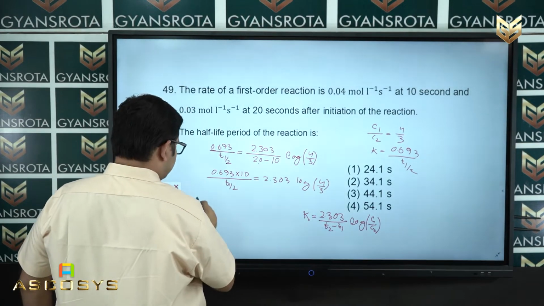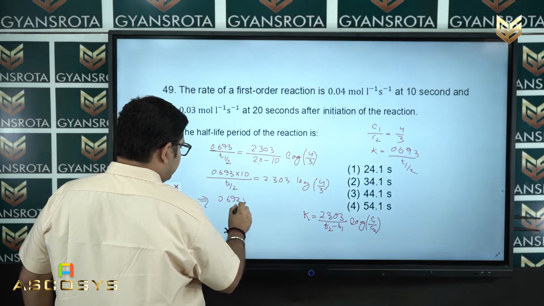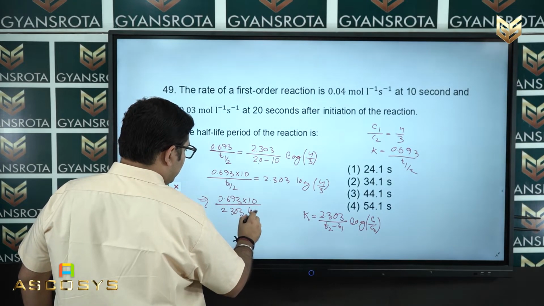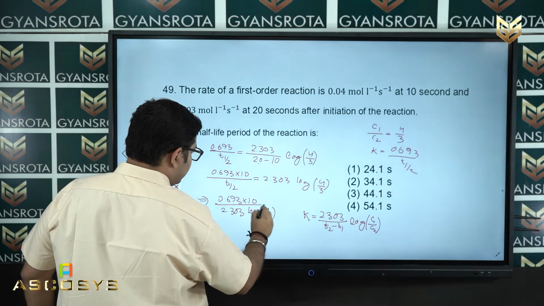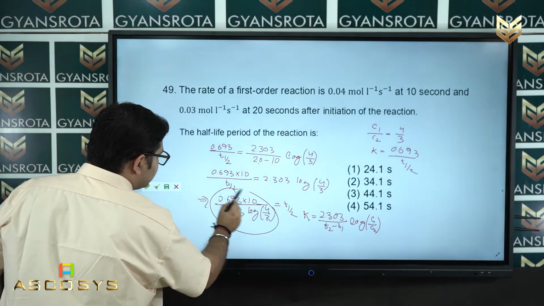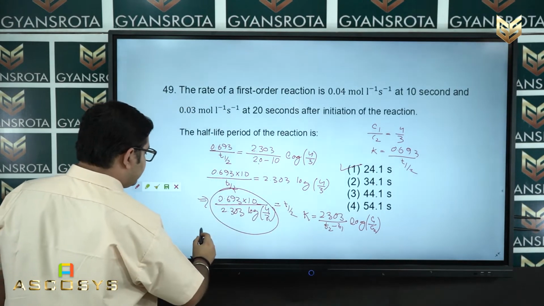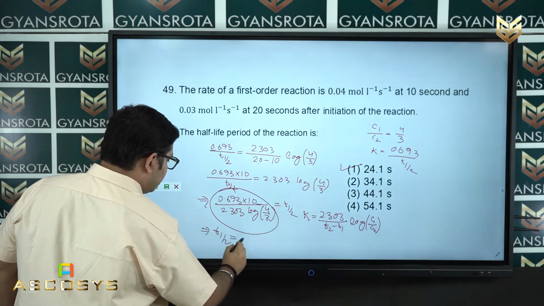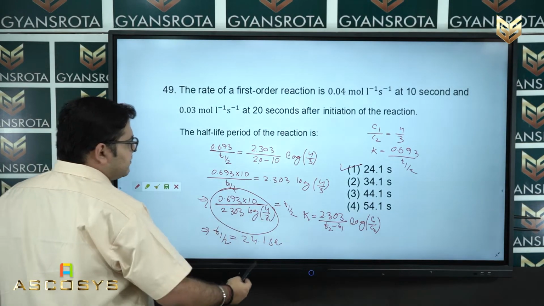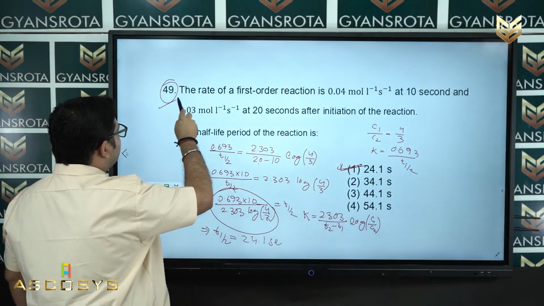Now, if you do the cross multiplication here, you will find 0.693 into 10 divided by 2.303 log of 4 by 3 is equal to your T half. If you solve this part, you will get your answer as option number 1, that is 24.1 second. So, T half is equal to 24.1 second. So, option number 1 is the correct answer of question number 49.